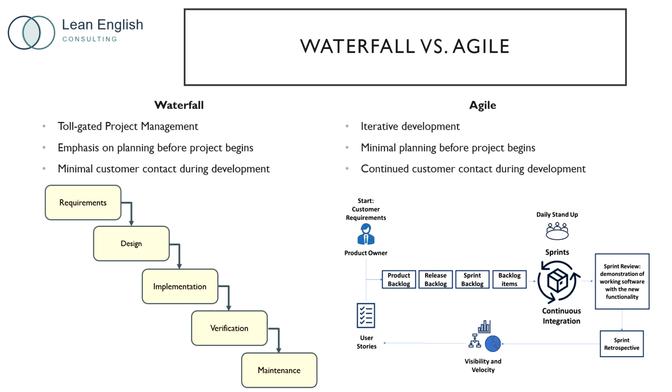We have already discussed a little about how Agile changed how software is developed. This graph shows the different structures of the two methods. Much like Six Sigma, Waterfall is a toll-gated project management method that requires all the work from one phase to be completed before work in the next phase begins.